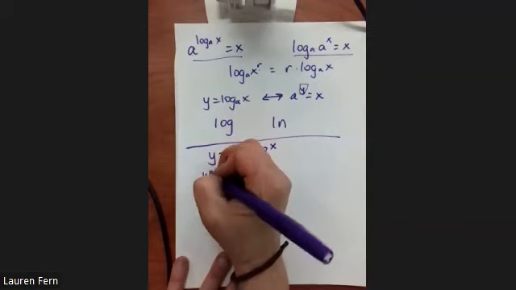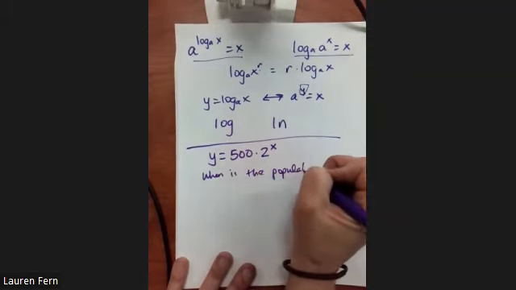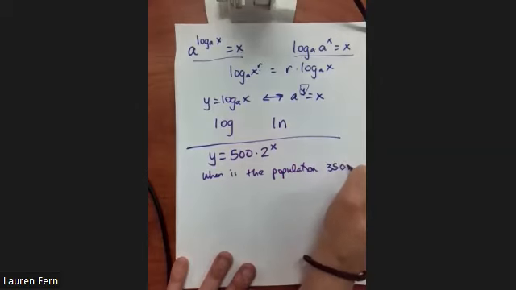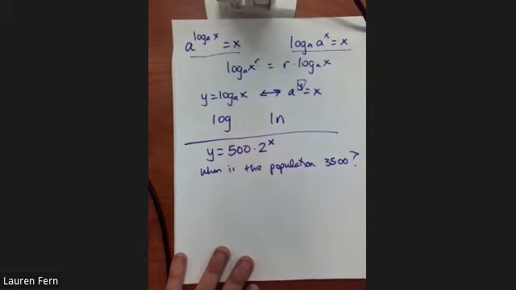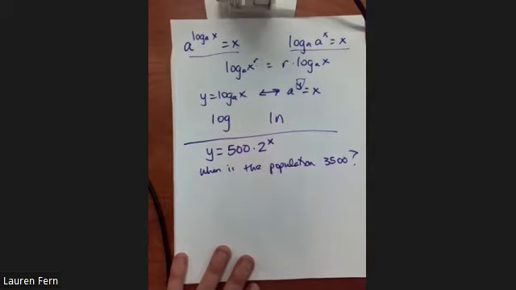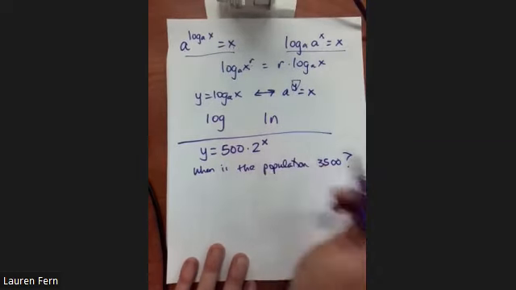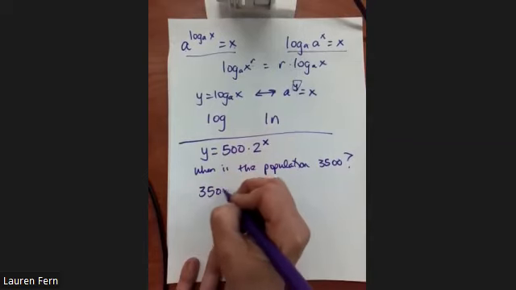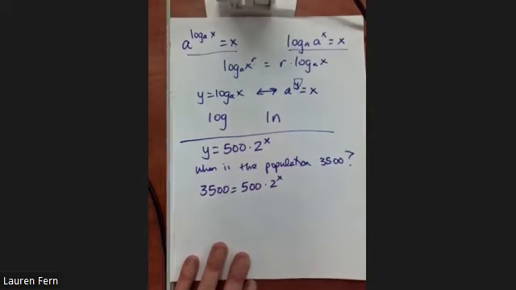And we asked, when is the population 3,500? This was the whole question, the question that motivated our whole conversation. Remember that? Okay, well, we're looking for the exponent for when this is equal to 3,500.